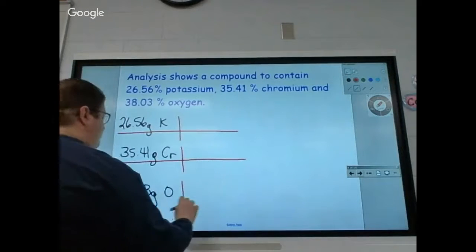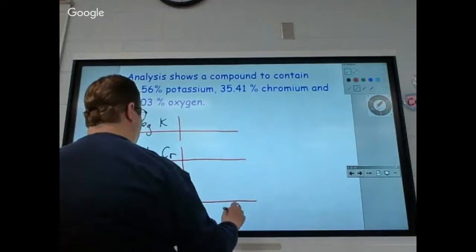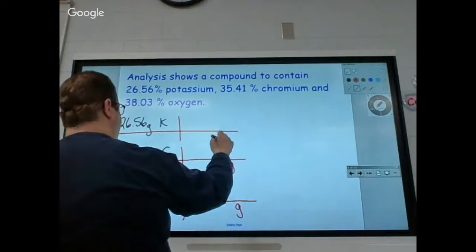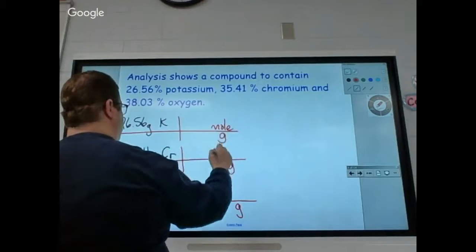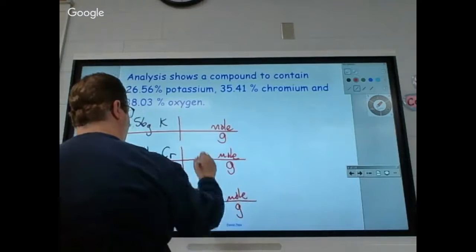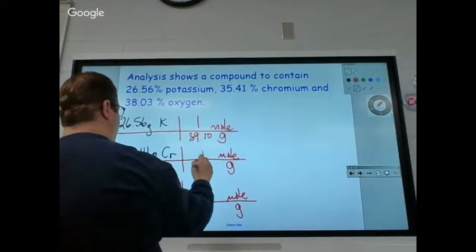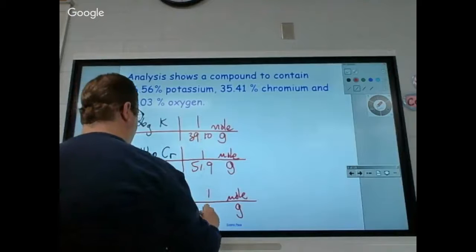What goes on the bottom? Grams. Okay, on top, it goes beside moles. 39.10, 51.9, 16.